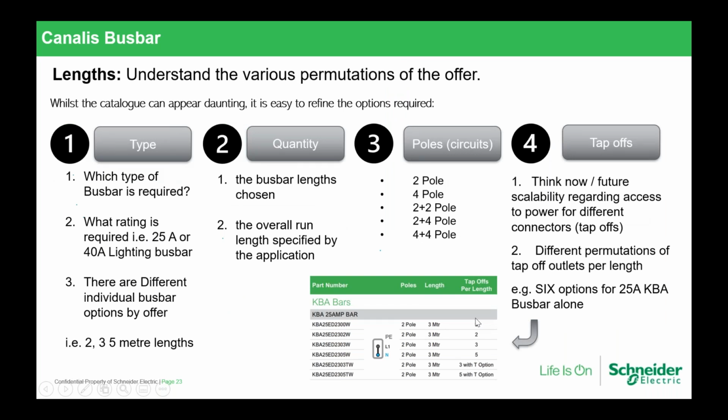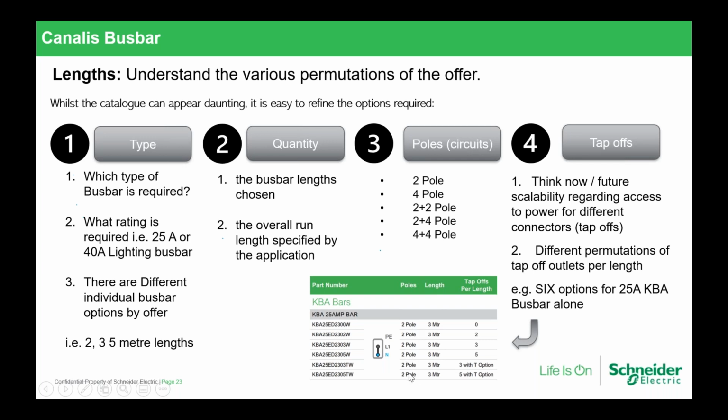In terms of length, we have different standard lengths in our catalog. We have 2 meter lengths, 3 meter lengths, and 5 meter lengths as standard. This is a particular example for the lighting busbar, which is KBA, single circuit.